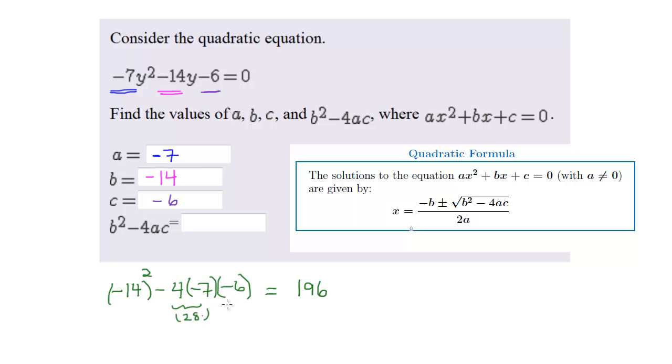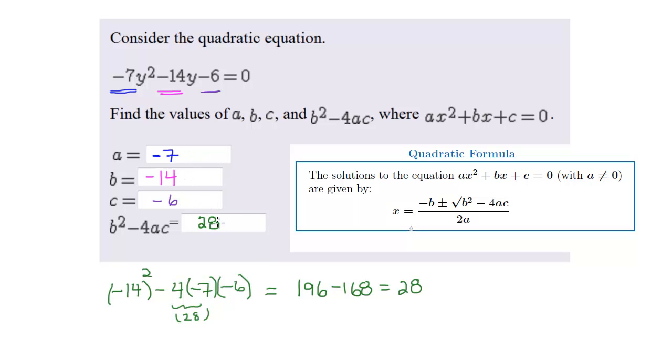And then I multiply 28 times negative 6. So that gives me negative 168. 196 minus 168 is simply 28. And so for our particular problem, b squared minus 4ac is simply 28.